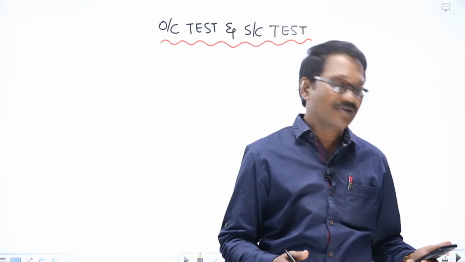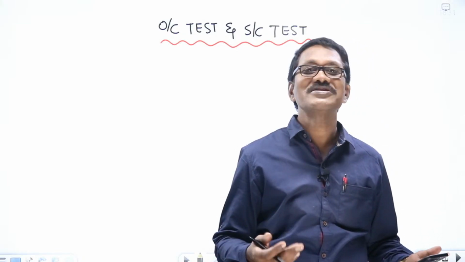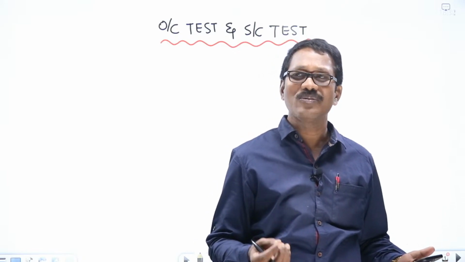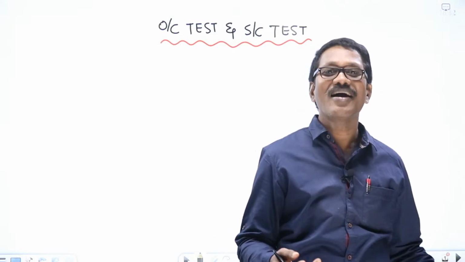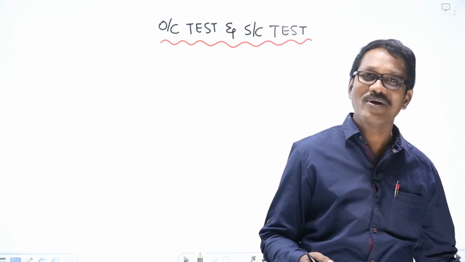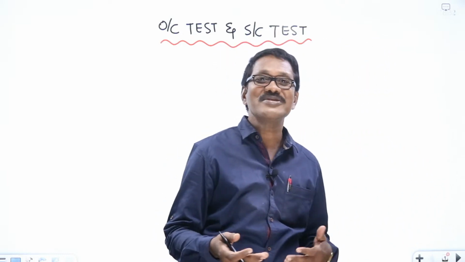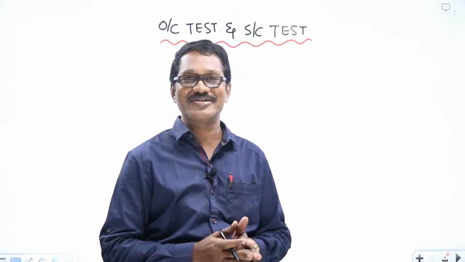First we have started our discussion with diode open circuit tests and short circuit tests. This is one of the very important topics for engineering competitive examinations. In the next session, we are going to discuss problems on clipper circuits as well as clamper circuits.